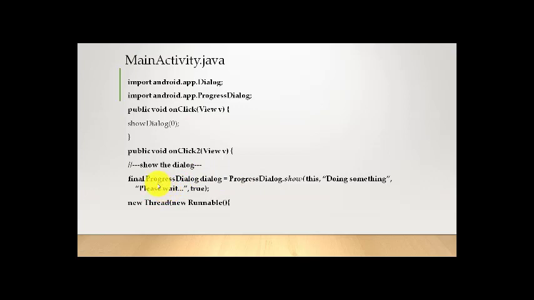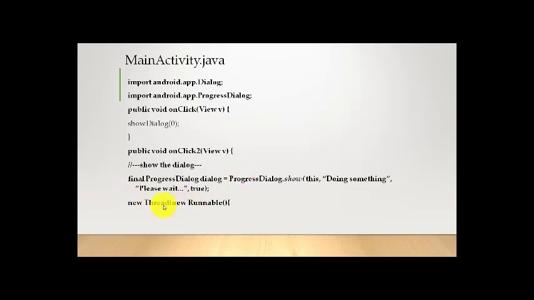Now how much time will the progress bar wait to complete the particular task? For handling that, we are defining a thread. What is a thread? Thread is a class which is available in Java, which is responsible for handling the activity step by step.